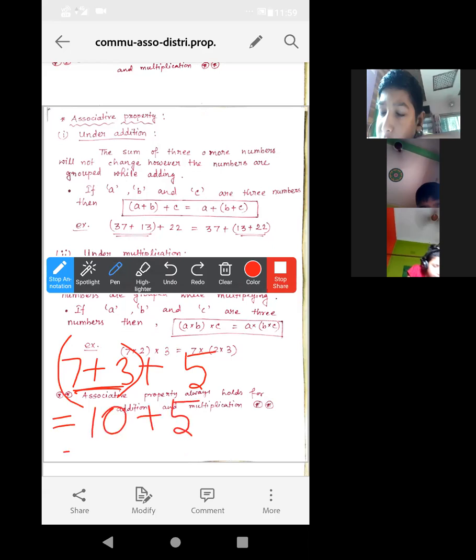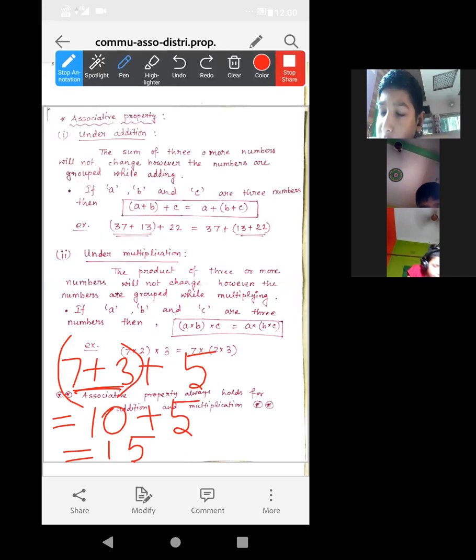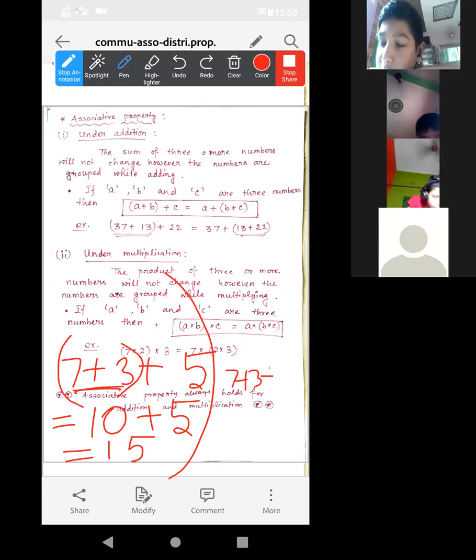Ultimately, it will be 15. This one is clear. Now, on the other hand, suppose we are taking another way. It is 7 plus 3 plus 5. Here we have taken the first two numbers first. Here we will take the last two numbers first.